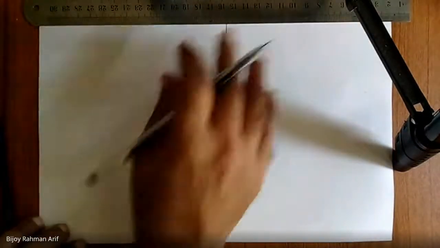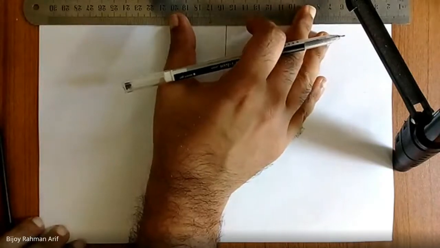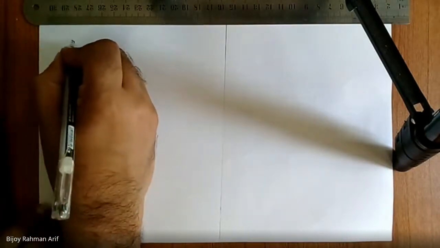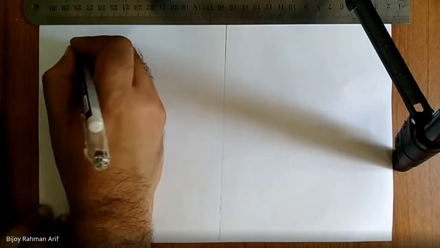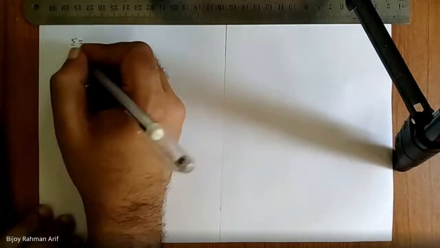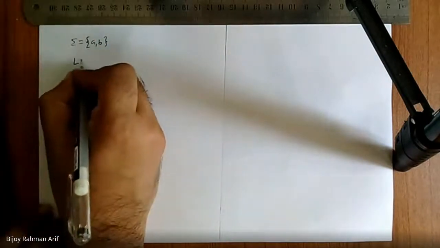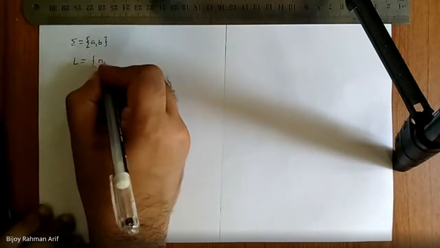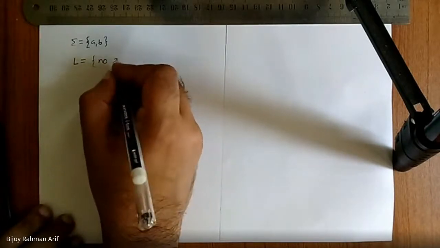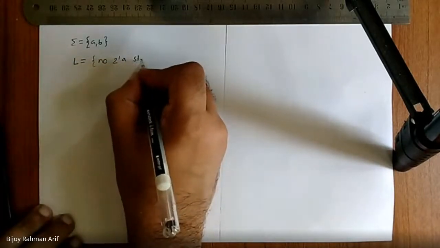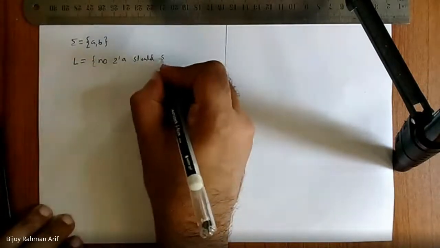So let's take this language. My alphabet is, let's say, A, B. My language is: no two A's should be side by side.